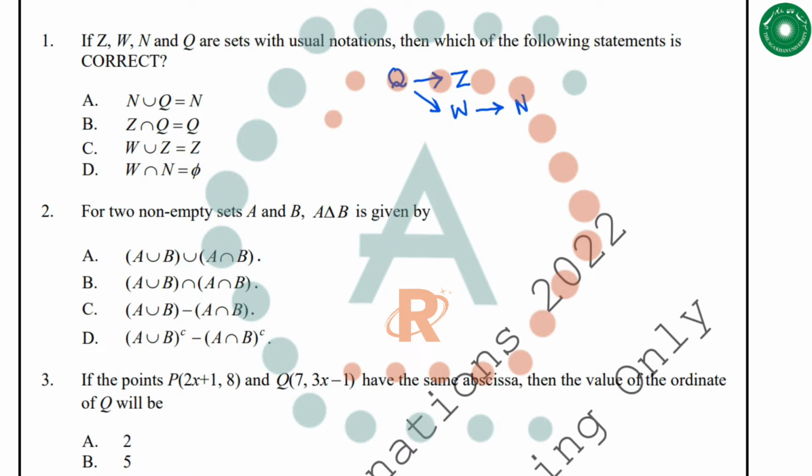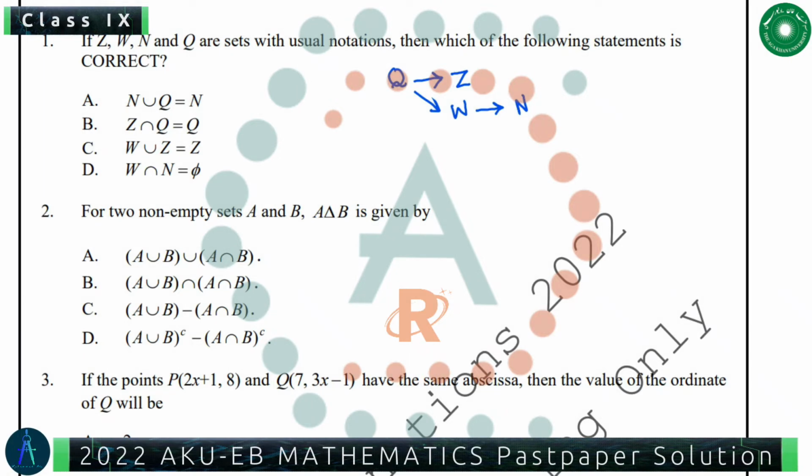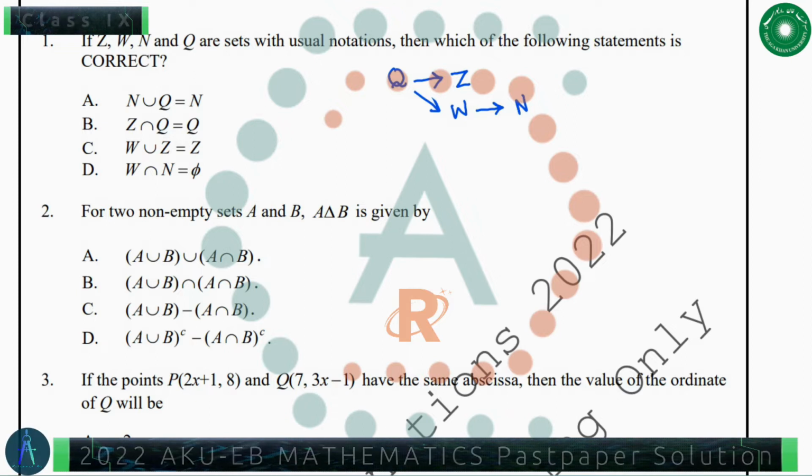So all the natural numbers are present in whole numbers, and all the whole numbers and integers are subsets of rational numbers. So let's see the first option, natural numbers union rational numbers. The correct answer would be equal to rational numbers.